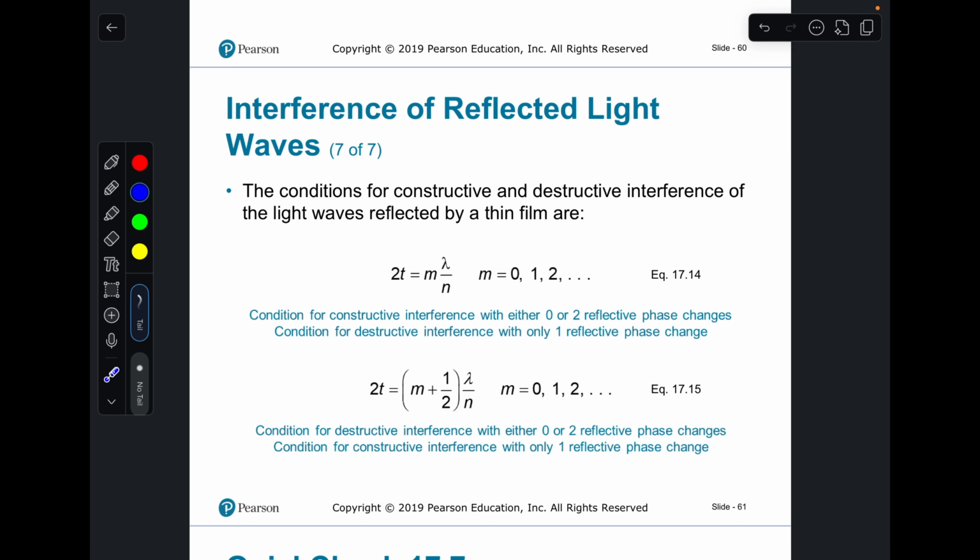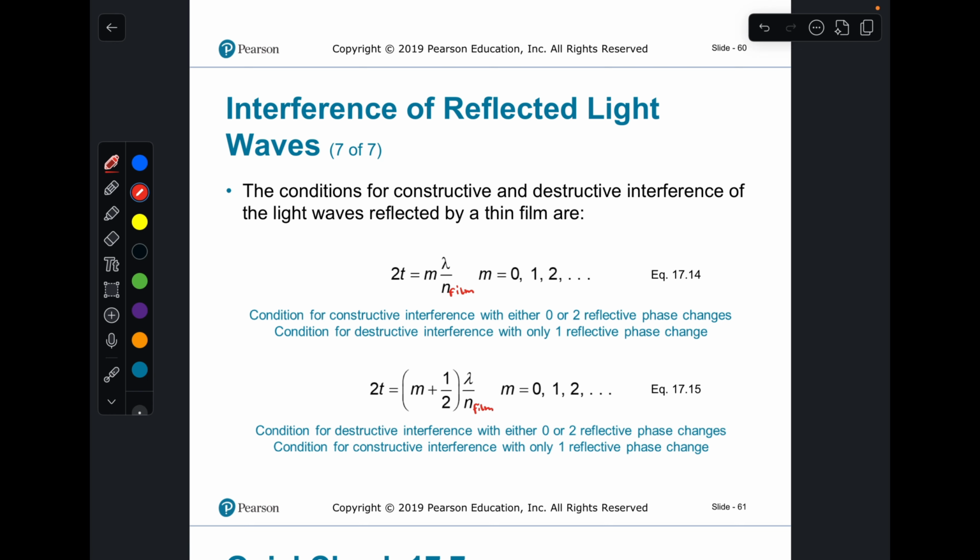And so the other aspect of these equations that I want to point your attention to is this guy right here. We're dividing by the index of refraction of the film. And so why is that? Because in the film, the wavelength changes, right?